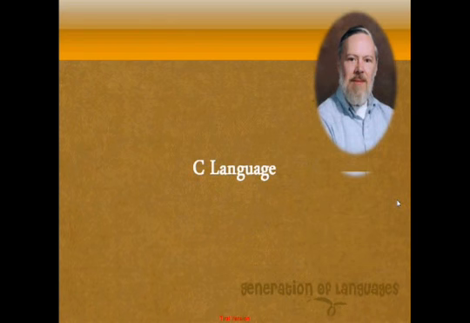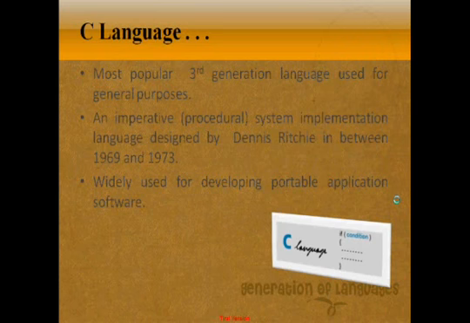Now we'll move into one of the most used third generation languages, the C language. C is an imperative system implementation language designed between 1969 and 1973 by Dennis Ritchie. This is mostly used for portable application software.